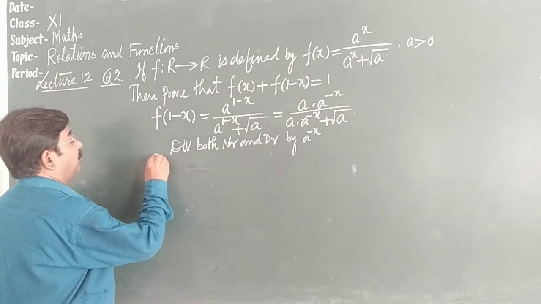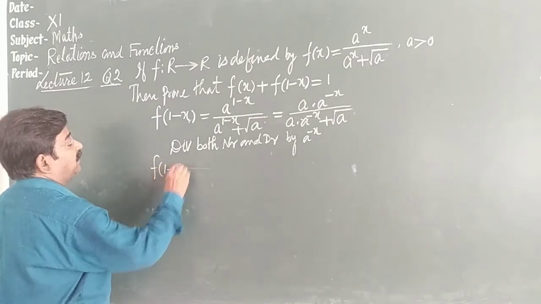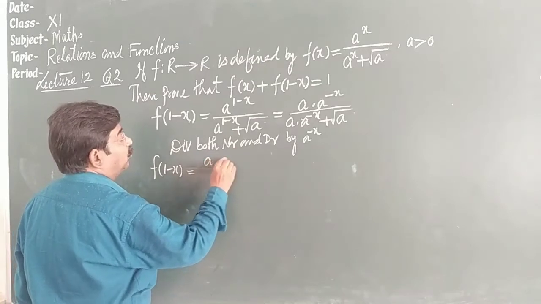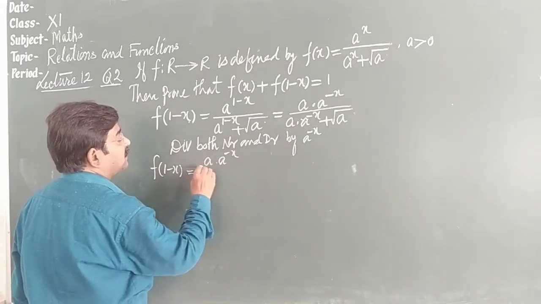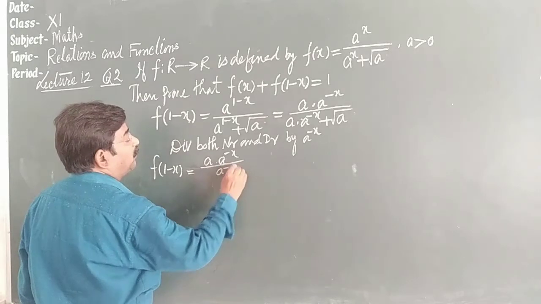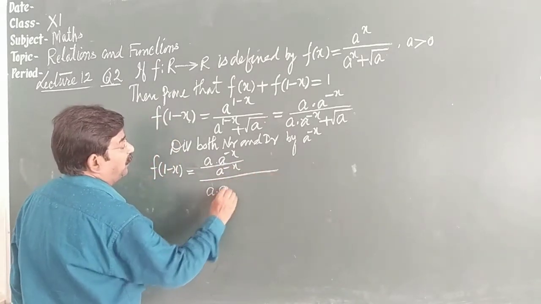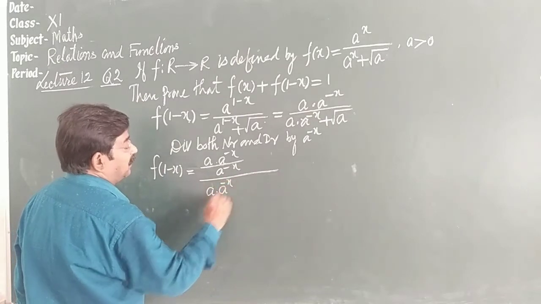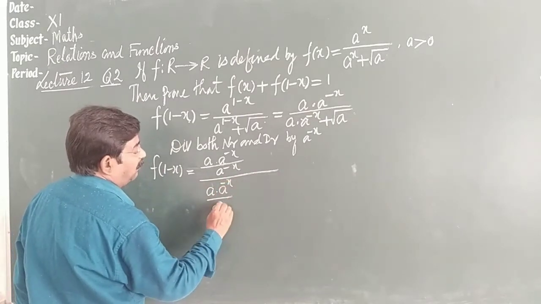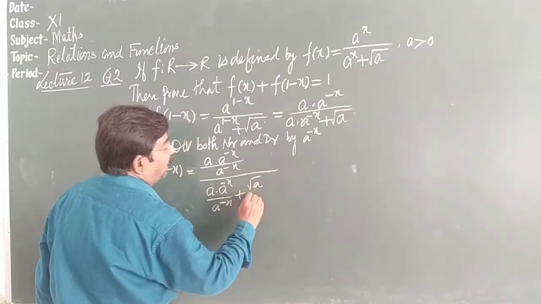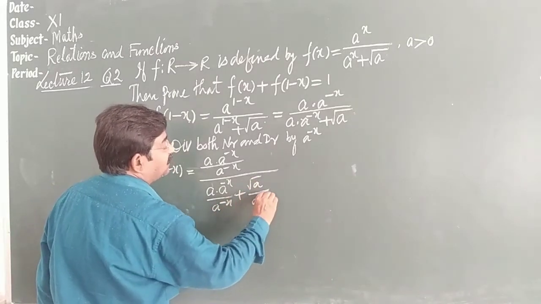So see, we have f(1 minus x) is equal to, see what I am writing, a into a to the power minus x upon a to the power minus x, whole upon a into a to the power minus x upon a to the power minus x plus under root a upon a to the power minus x.